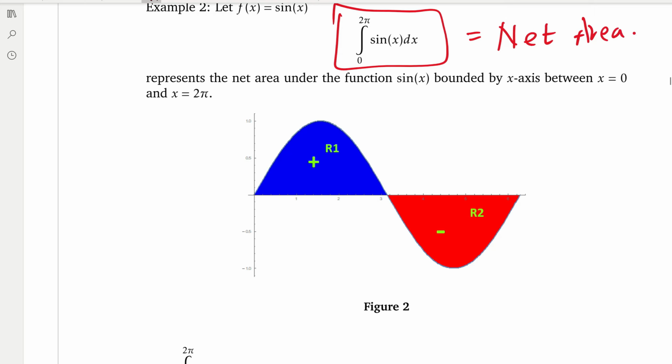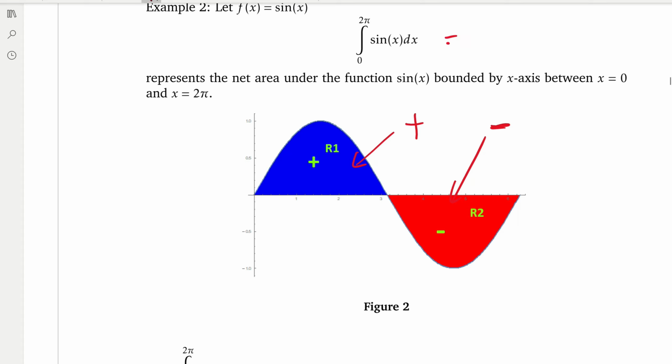For the area above the x-axis, you add it; for the area below the x-axis, you subtract it. So taking the definite integral of sin x from 0 to 2 pi means you add the area of the blue region R1 and subtract the area of the red region, R2. So R1 minus R2. That's the net area.